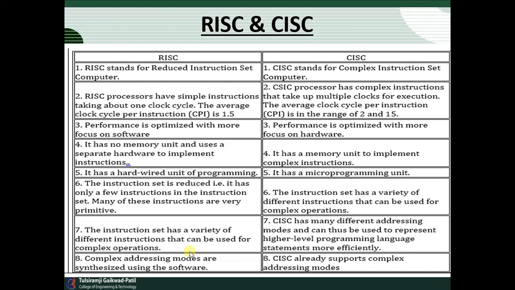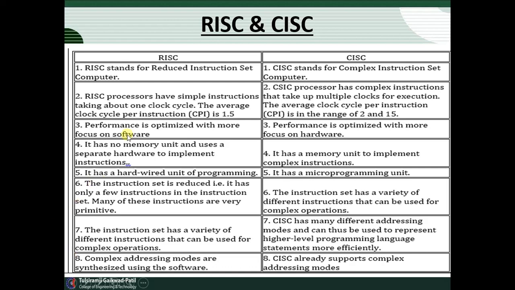The average clock cycles per instruction is 1.5. The CISC processor has complex instructions that take up multiple clocks for execution. The average clock cycles per instruction is in the range of 2 to 50.